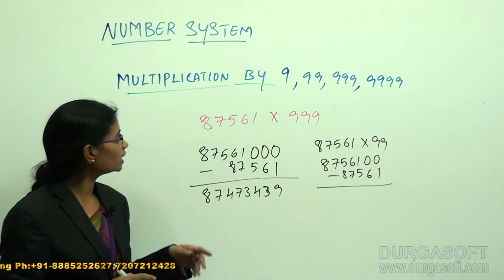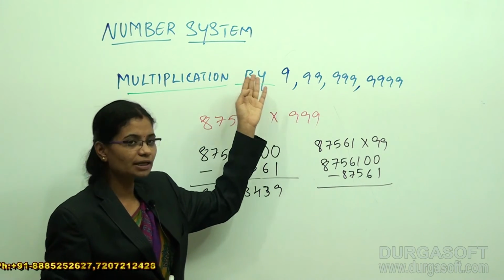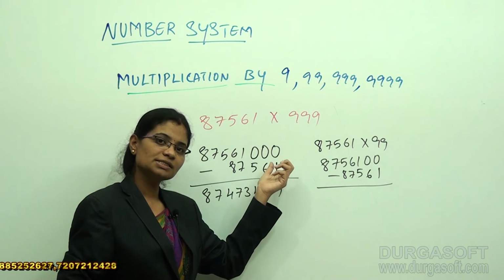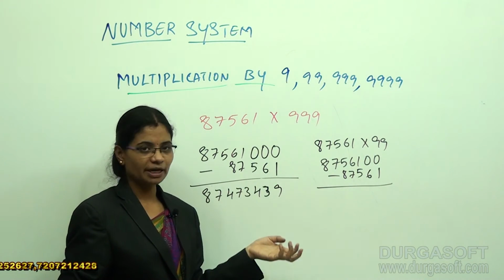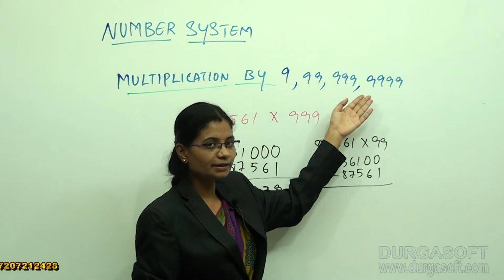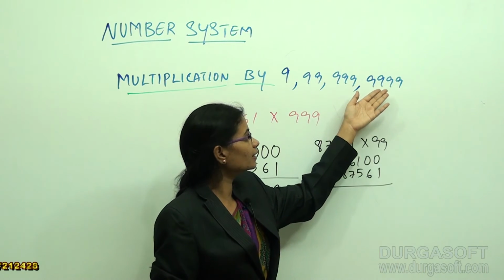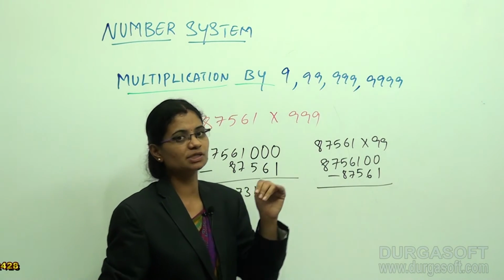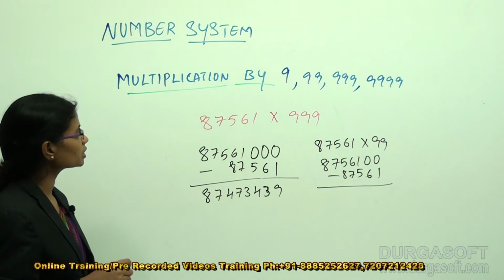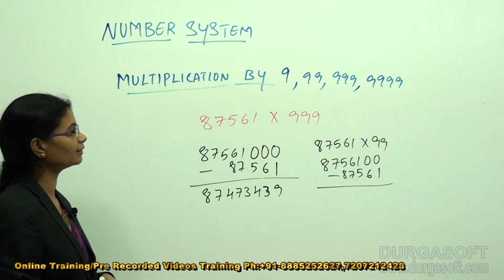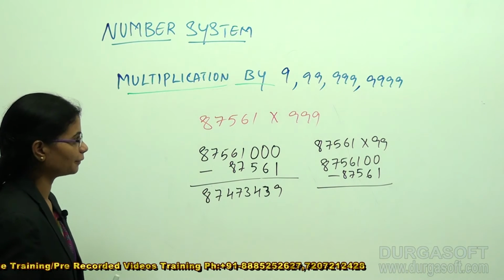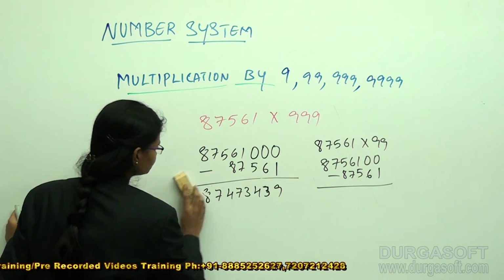Wherever it is asking for multiplication with 9, just write 10 after that number, take the same number starting from 0, and subtract. If it is for 99, take 2 zeros; for 999, 3 zeros; for 9999, 4 zeros, and subtract, and you will get the answer. This is the process for multiplication by 999, 9999. So let's move to the next thing.